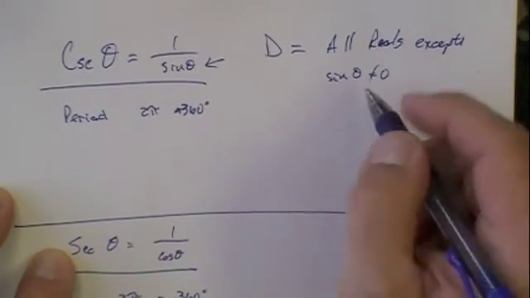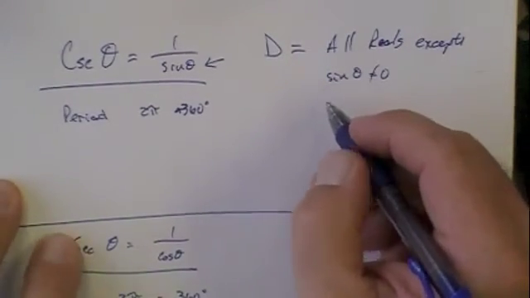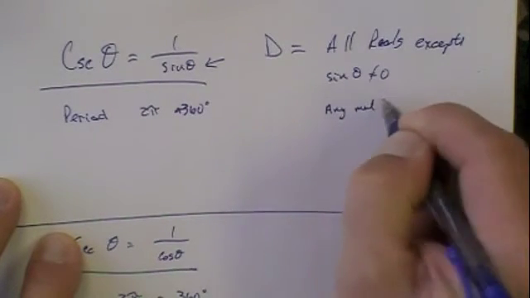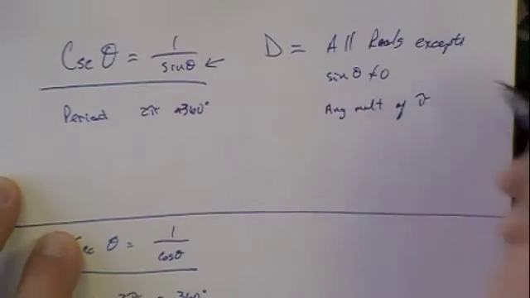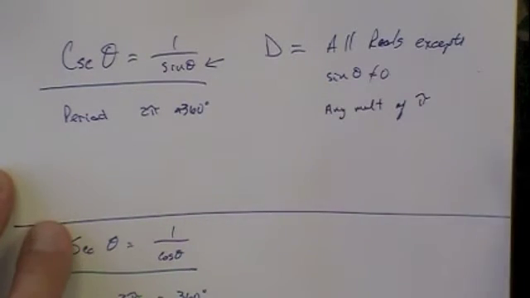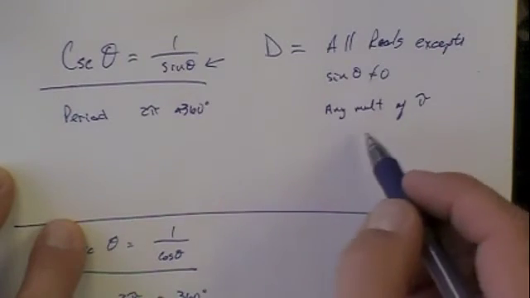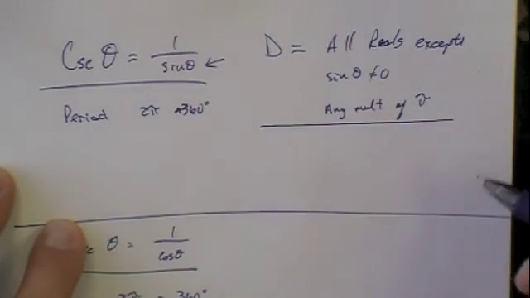We can't have that. And that happens on any multiple of pi. All right, so pi, 2 pi, 3 pi, any multiple of pi gives us a sine value of 0, so we can't have those values as part of that domain.